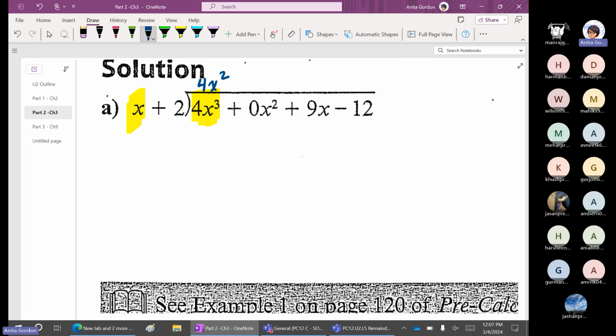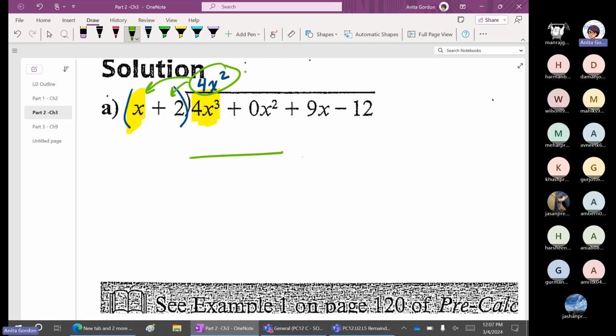Okay, now when I write my line here, I have a binomial, meaning 4x squared has to multiply both terms in here to write my minus. Right?